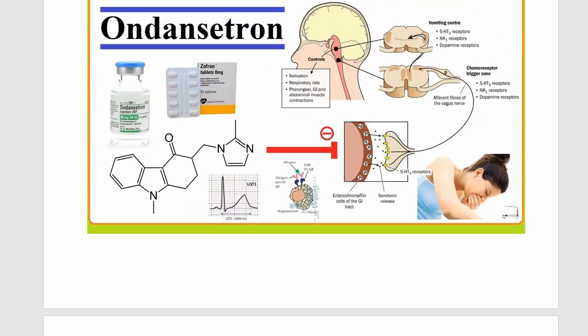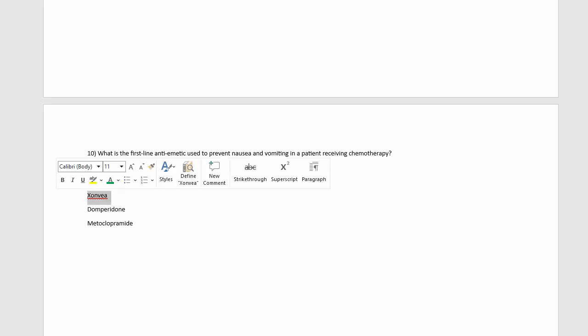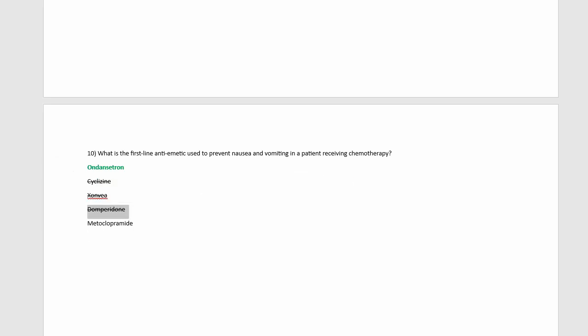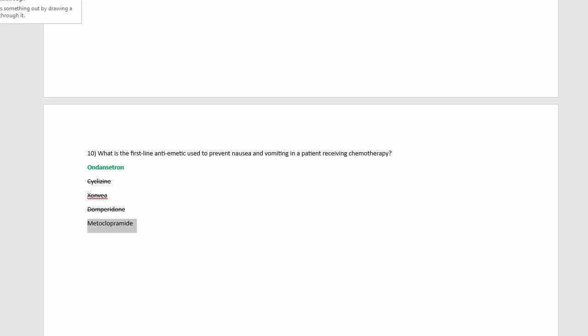So again, if we go through the five: ondansetron, first line; cyclizine, second line; Xonvea, pregnancy; domperidone, renal and Parkinson's; and metoclopramide is more for when you have delayed. So first line, second line, pregnancy, renal, delayed. And that's just the way I remember it.